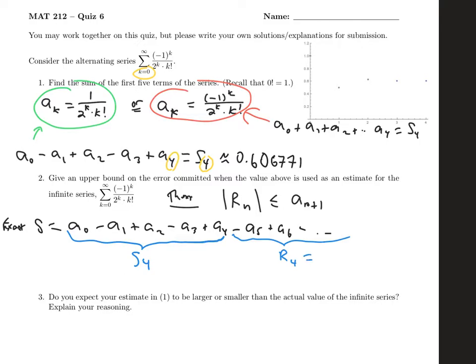So that means R4 is the exact error when you use S4 to estimate the infinite sum. So that's what R4 is. R4 is the error. So this is representing the actual error that you make.